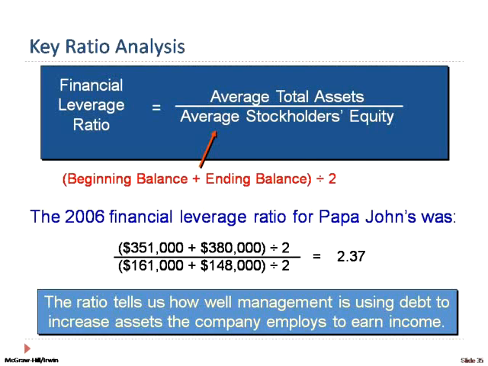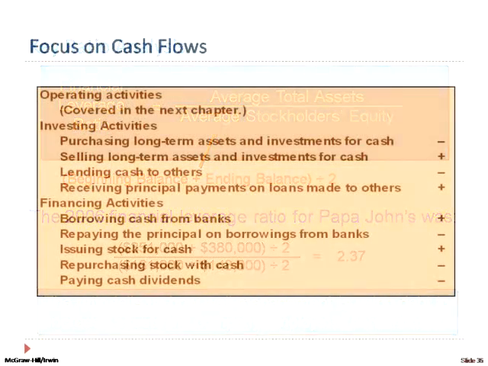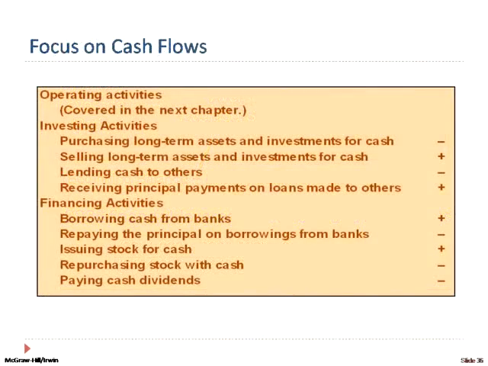When interpreting the financial leverage ratio, the higher proportion of assets financed by debt, the higher the ratio. Generally, companies with a financial leverage ratio greater than 2.0 have a heavier reliance on debt than equity. On the statement of cash flows, investing activities involve the purchase or sale of long-term productive assets, the lending of monies to others, and receiving principal payments back from those loans.